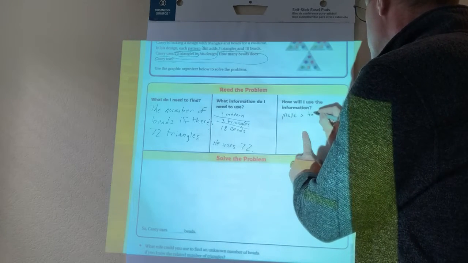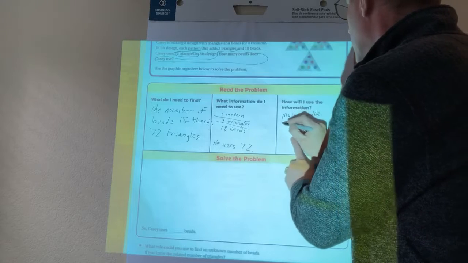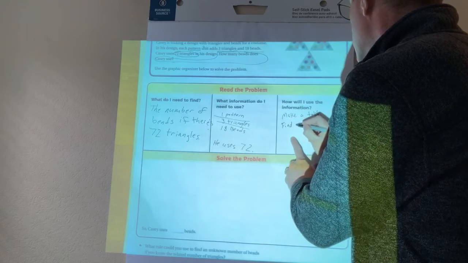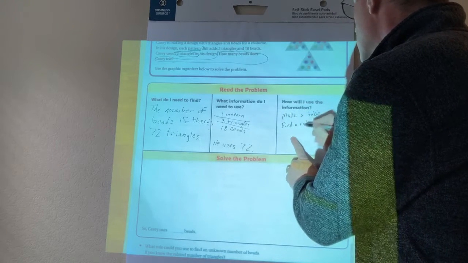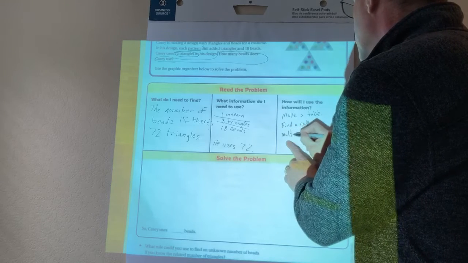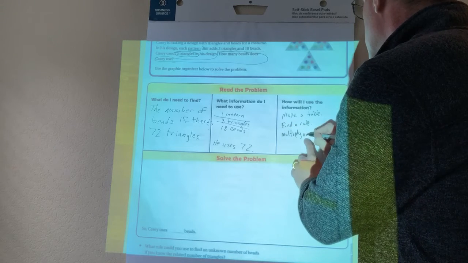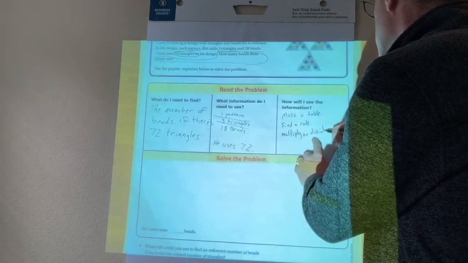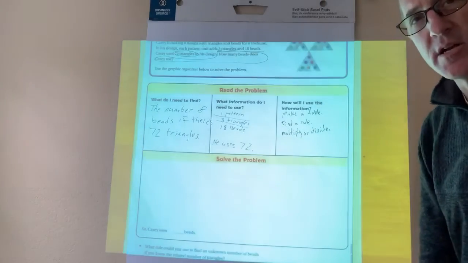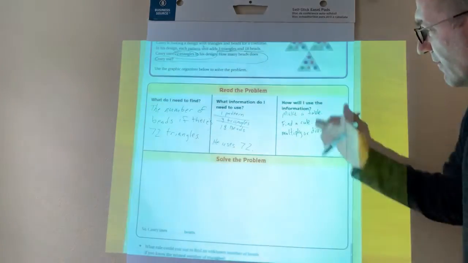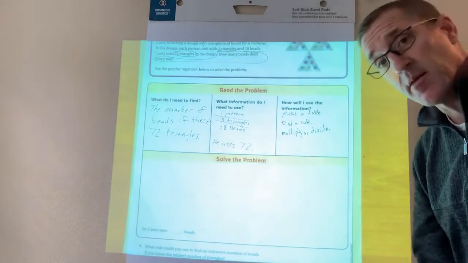Find a rule. Multiply or divide. All right, those are the 3 things that we're going to do. Make a table, find a rule, multiply or divide, get our missing answer.